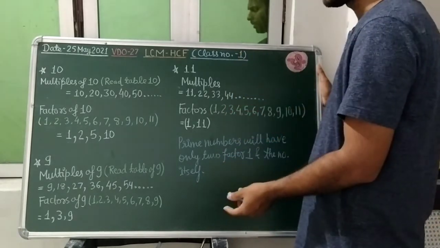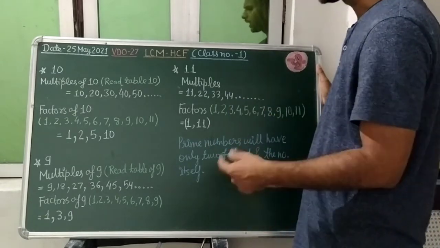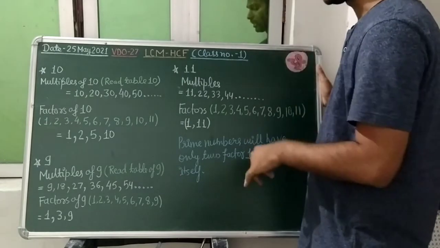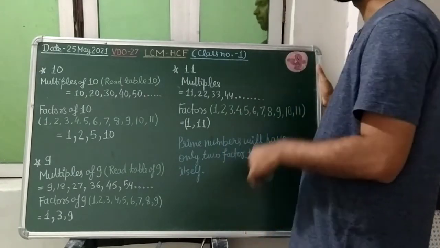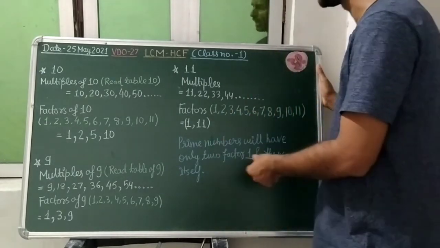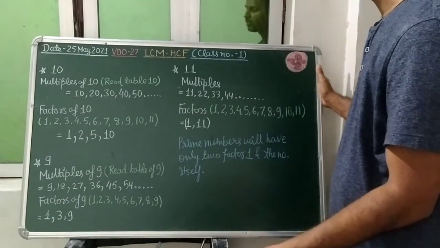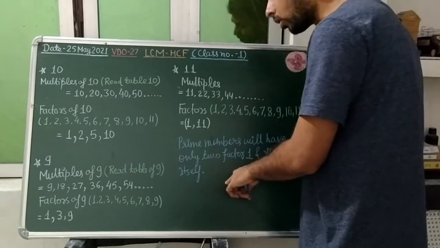So as the prime number is divisible by 1 and itself only, the numbers which divide the given number are called factors. So a prime number will have only two factors, 1 and itself. You can define the prime number in this way also.